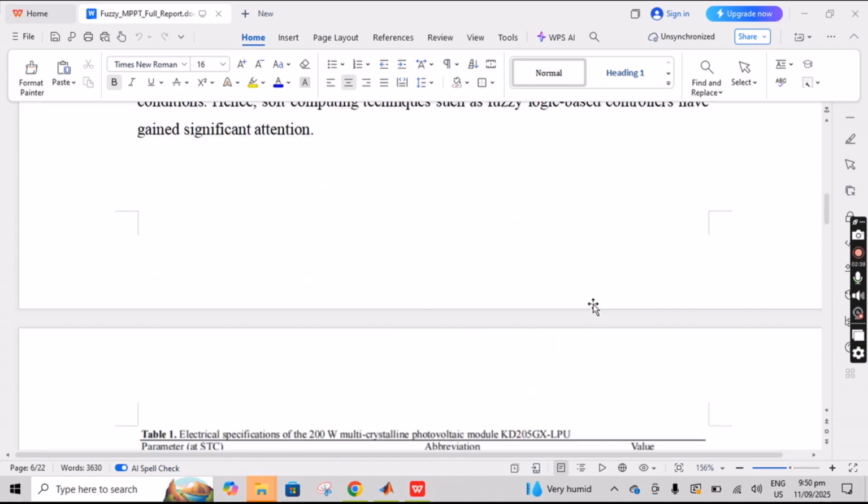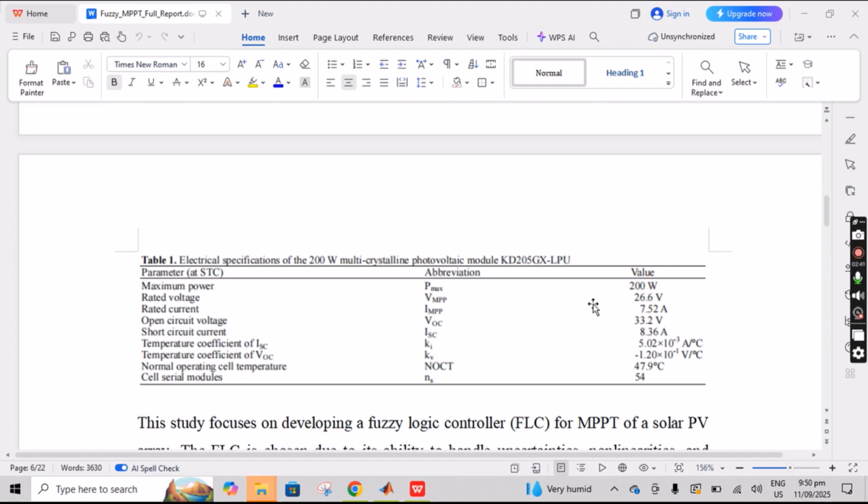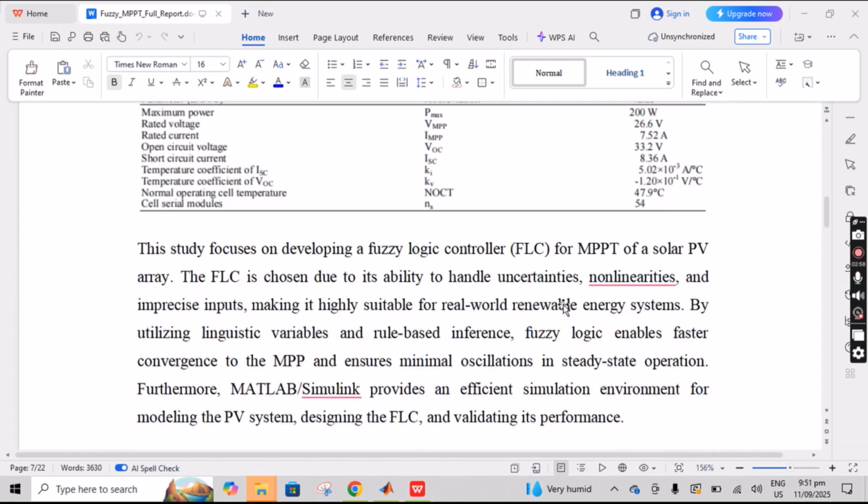In the table I have also added the maximum power, rated voltage, short circuit current, open circuit voltage, temperature coefficient for short circuit, temperature coefficient for open circuit, normal operating cell temperature, and the number of series cells in the module.